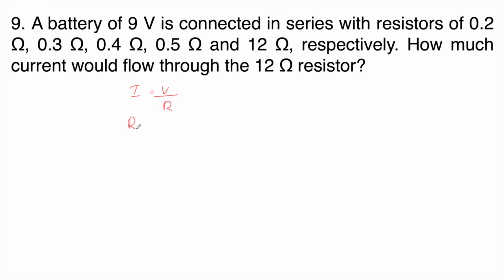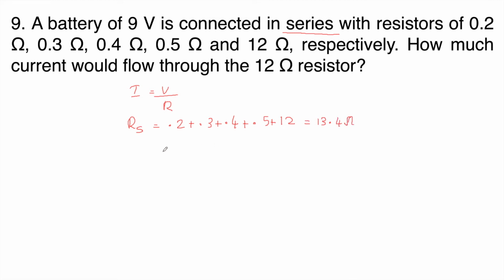And what is the resistance here? It is in series, right? So what is the equivalent resistance? R1 plus R2 plus R3 and so on. So 0.2 plus 0.3 plus 0.4 plus 0.5 plus 12. By adding this we will get 13.4 ohm.